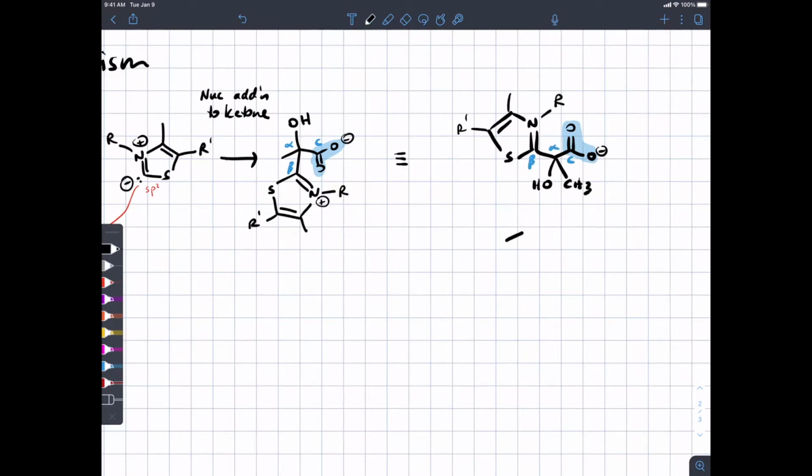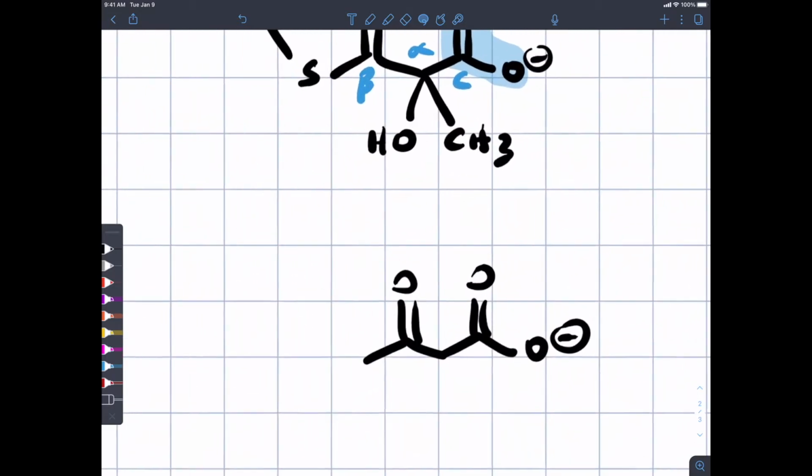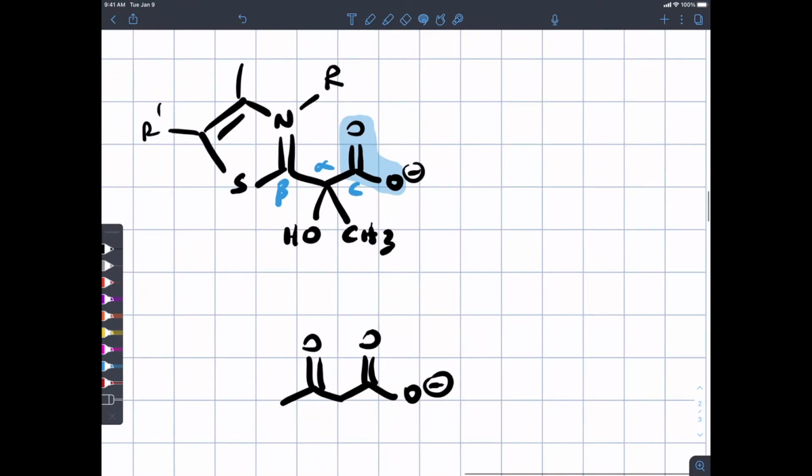Okay, what similarities do you see between what I've drawn above and a beta keto acid? Quite a bit of differences, but are there any structural similarities?